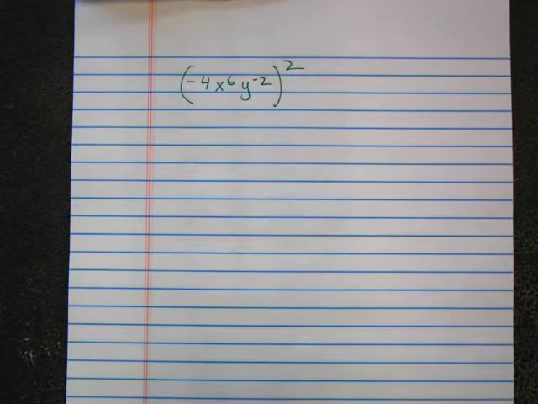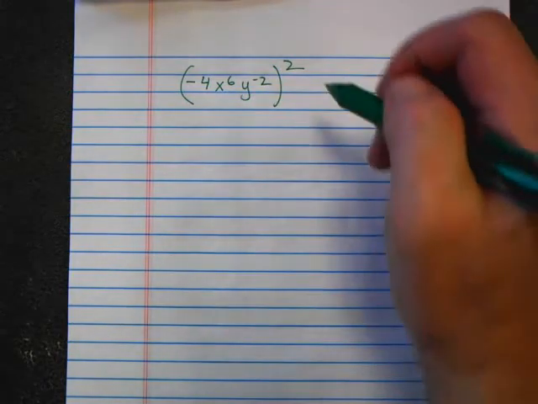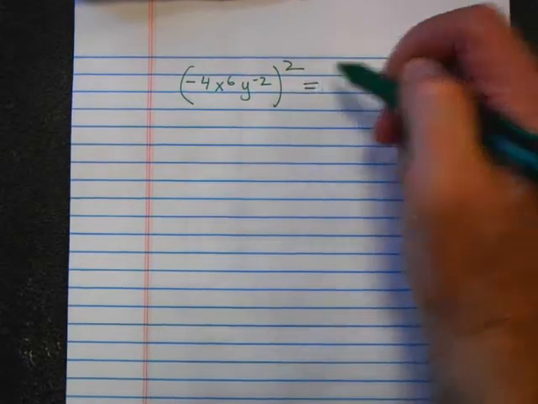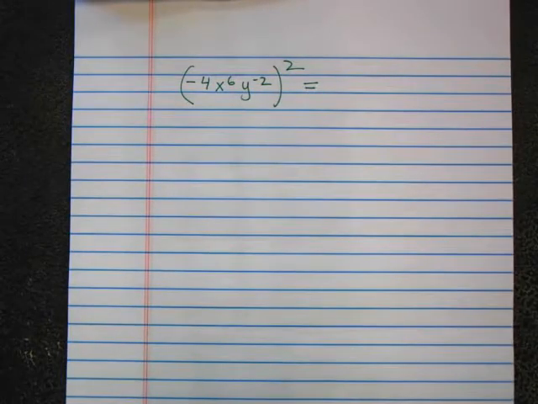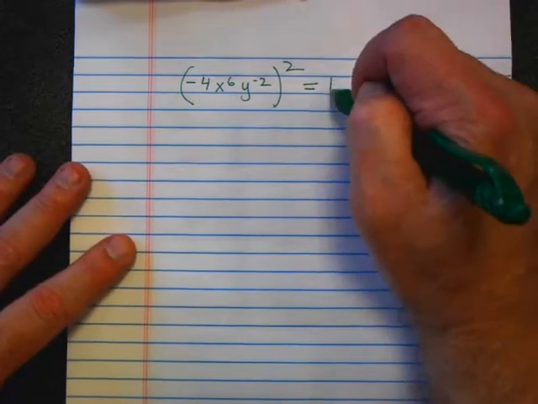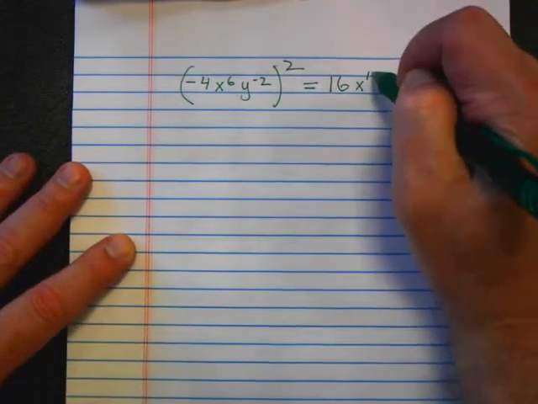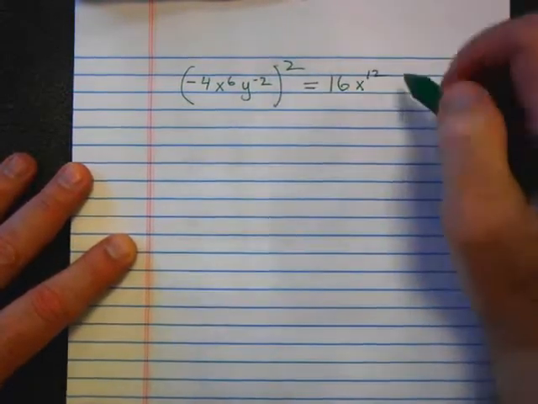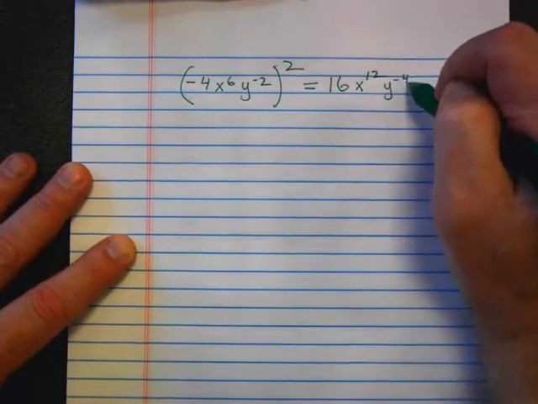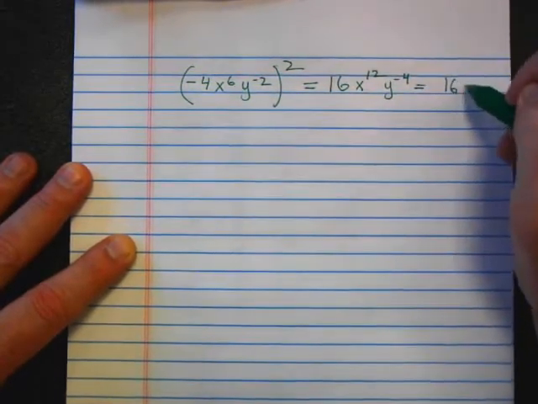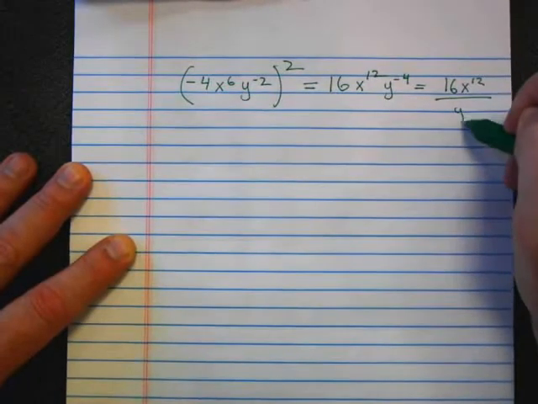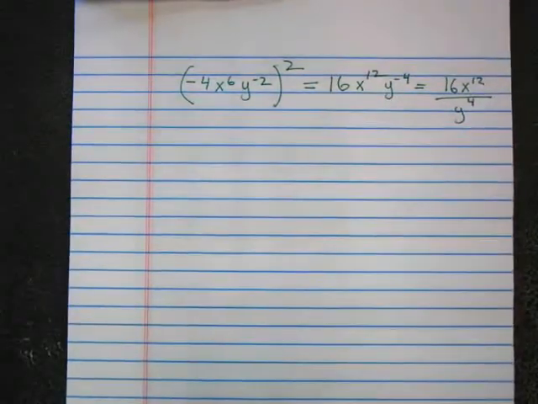Negative 16, x to the 12. I almost agree with you. Positive 16. Why positive 16? Oh, yeah, never mind. Negative 4 times negative 4 is positive 16. And then we multiply those powers, so that's x to the 12. We multiply those powers, y to the negative 4. 16x to the 12th. The y goes down on bottom because it has a negative power, so y to the 4 is down on bottom.